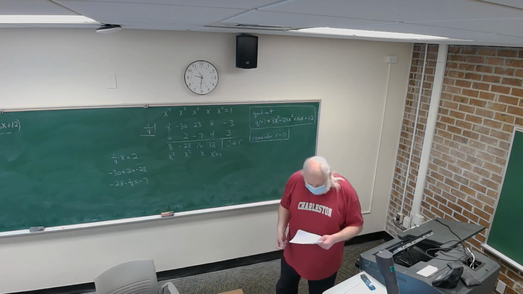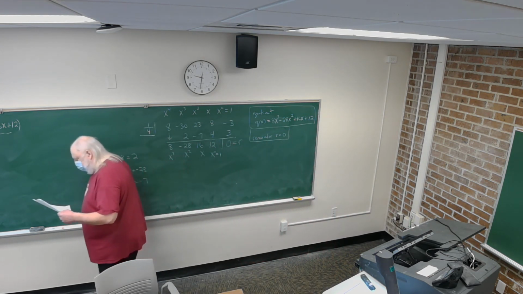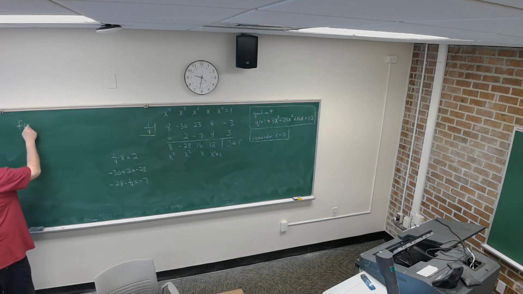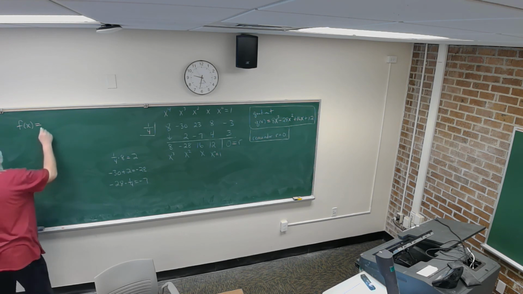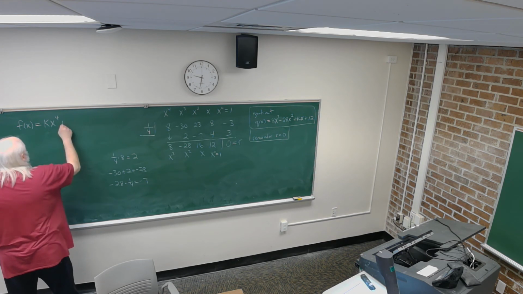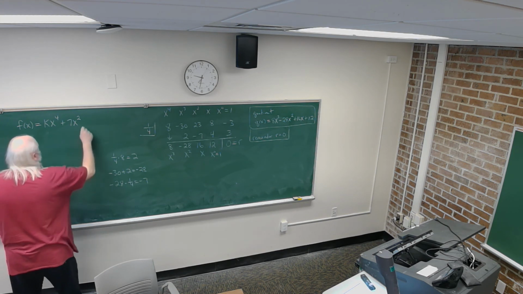Example 6 says use synthetic division to find the value of k such that f of x is equal to kx to the 4th plus 7x squared plus 4k is divisible by x minus 1. So we have a polynomial f of x equal to kx to the 4th plus 7x squared plus 4k.